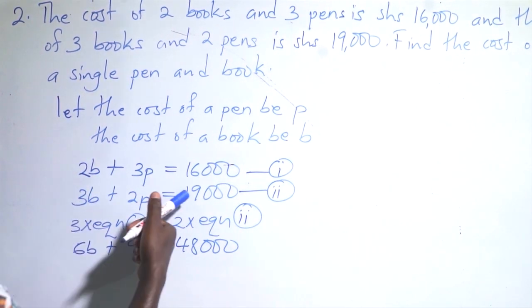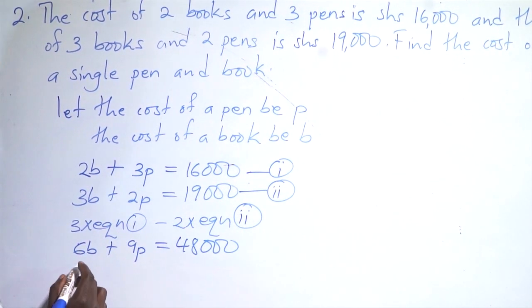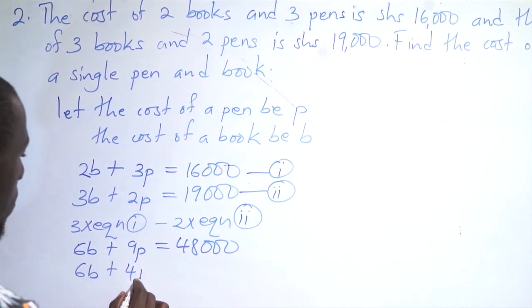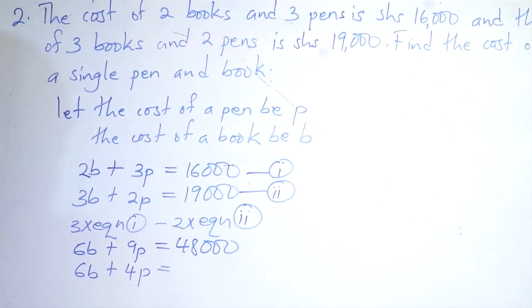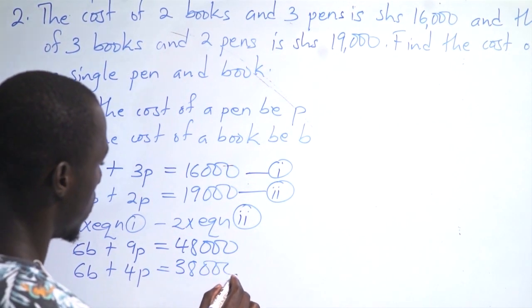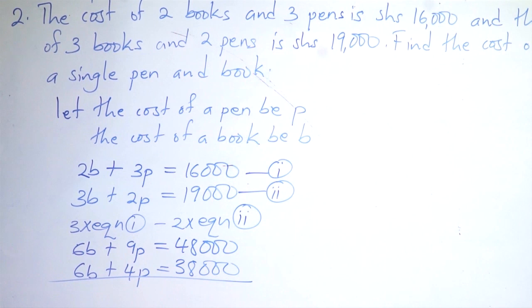Then multiplying by 2 throughout that equation, I'll be having 6b plus 4p, then 2 times 19,000 is 38,000 shillings. Then I subtract.